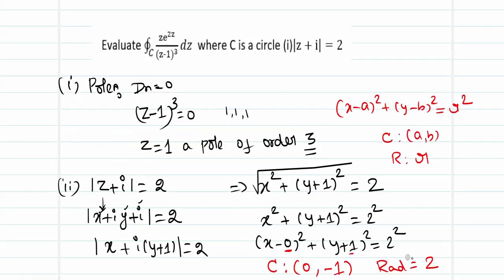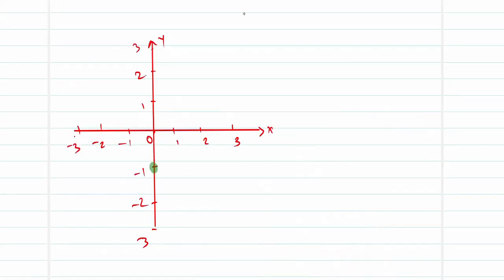What is going to be the radius? Radius is 2 units. So what I need to do? Move 2 units over here in all directions. 1, 2. This is going to be 2 units. 1, 2. This is going to be 2 units. 1, 2. This is going to be 2 units. And this is going to be minus 1, minus 2, 2 units.